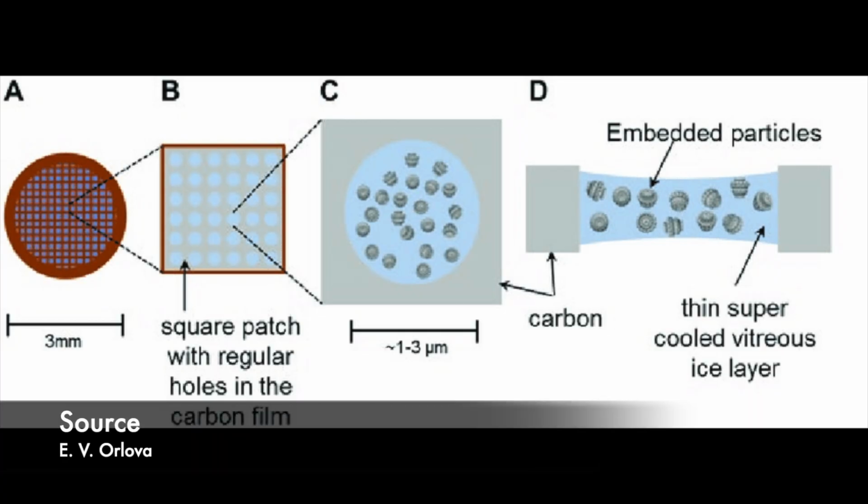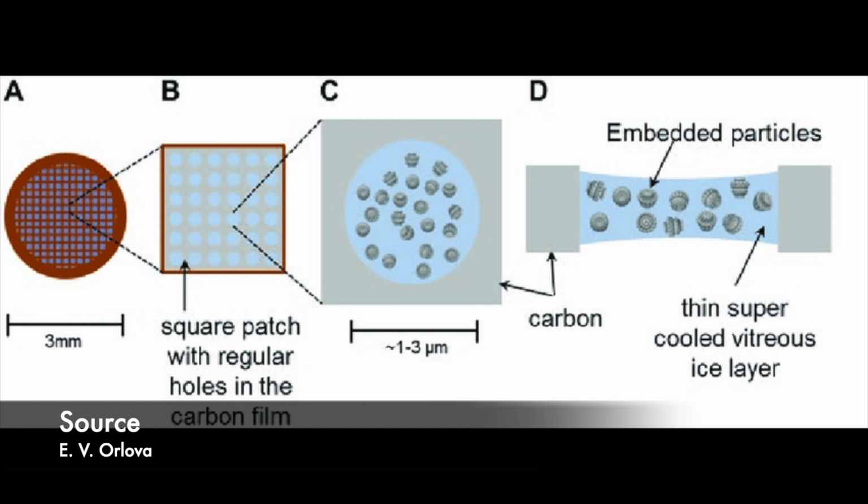But looking more in depth into the grids here, just to give a better understanding of what we're actually holding our samples on, it's a copper mesh with many grid squares, and all these grid squares are filled with a bunch of holes, and these holes are where our samples are going to sit.